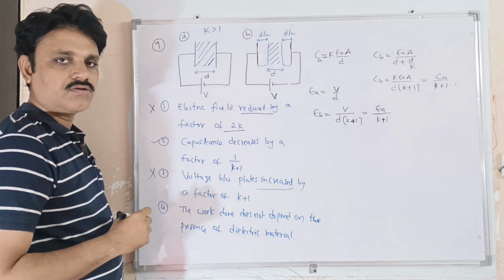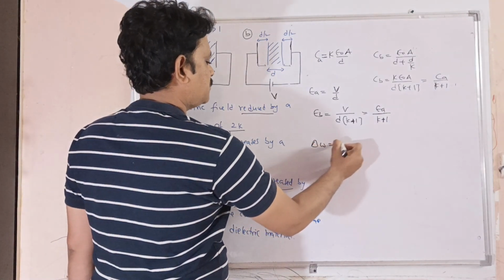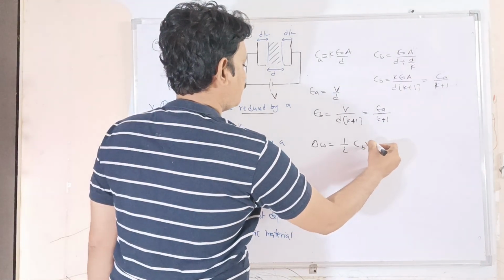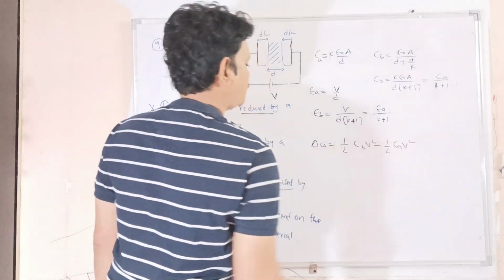Finally we are going to verify the fourth option. Work done delta W is equal to half C V square, so half Cb into V square minus half Ca into V square.